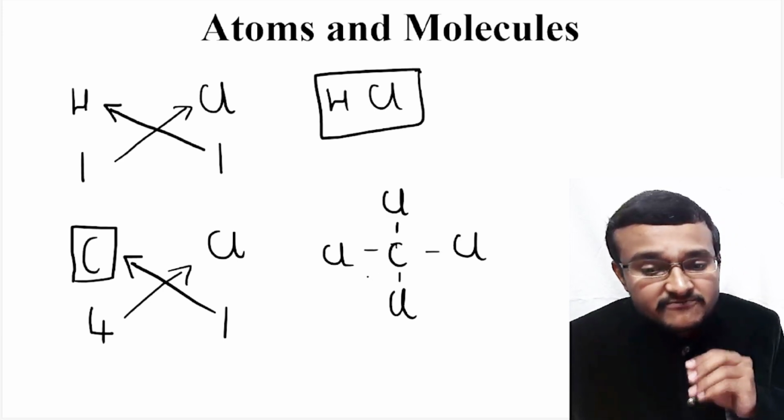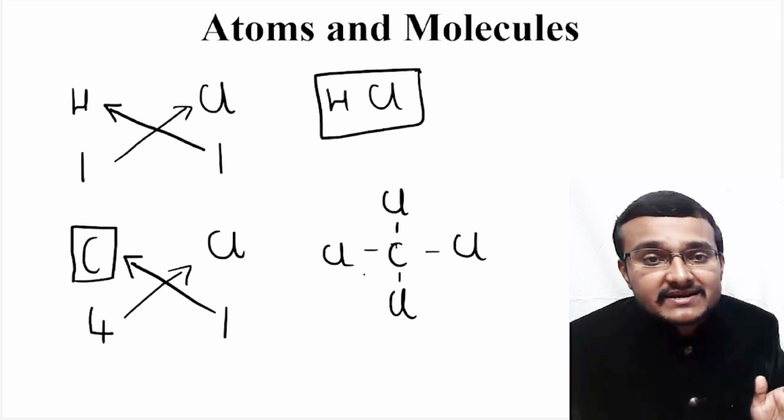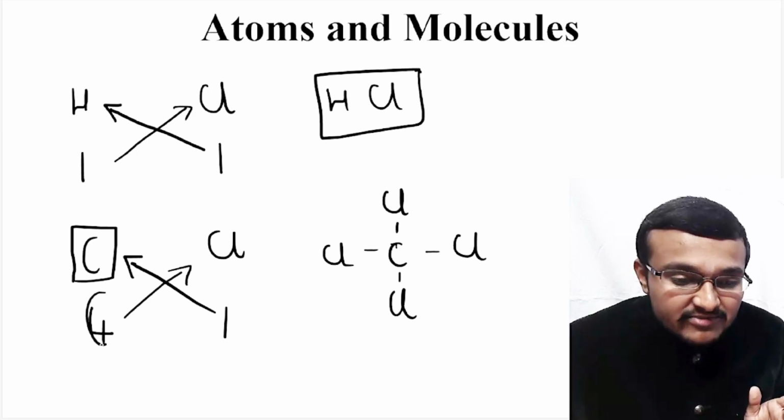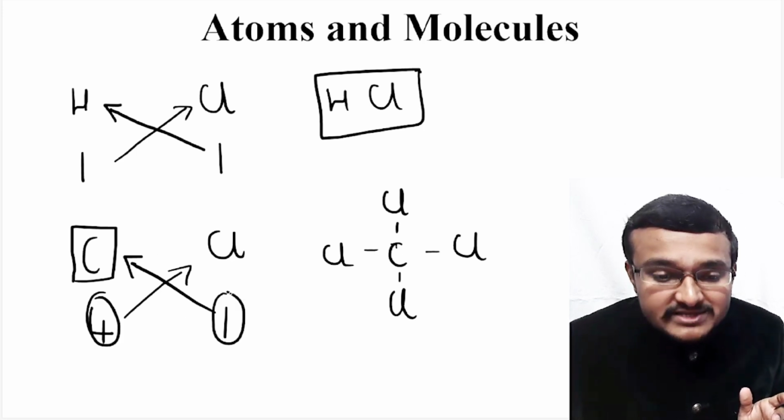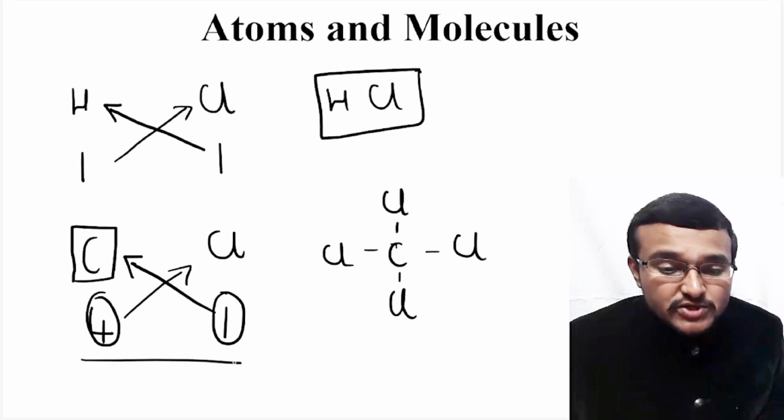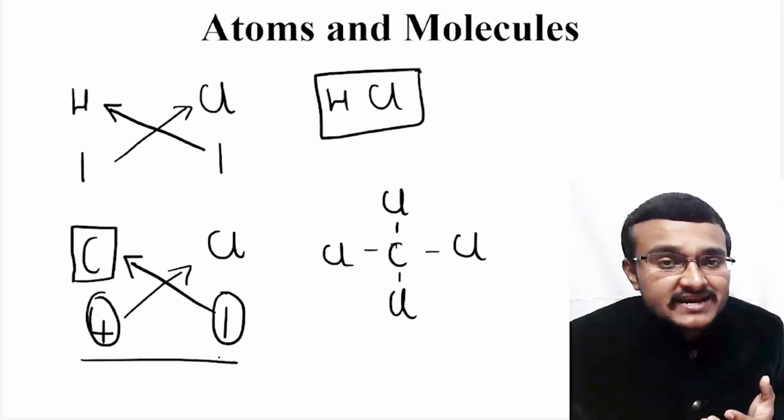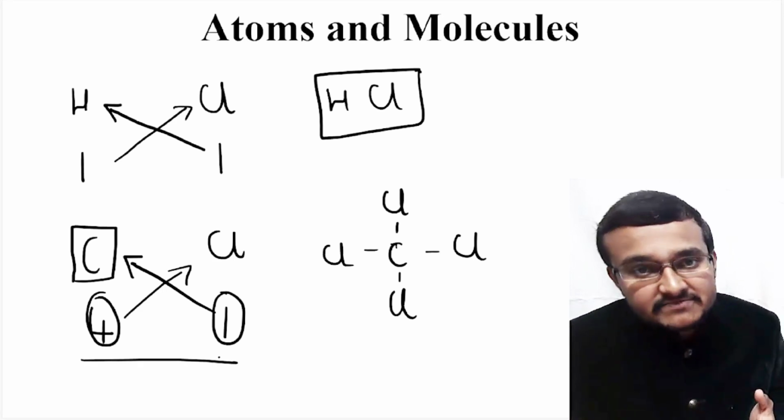Like this you can form a bond between carbon and chlorine, because the valency of carbon is 4 and the valency of chlorine is 1.